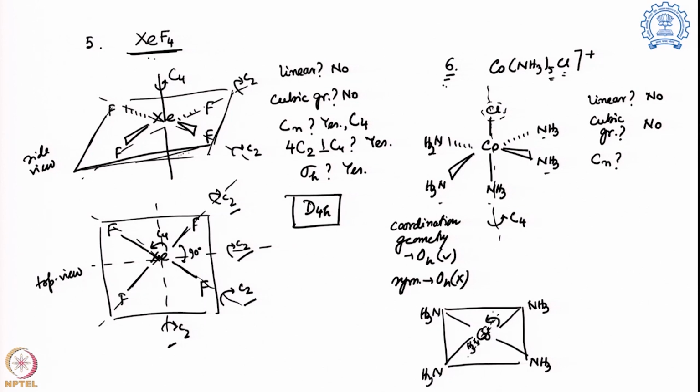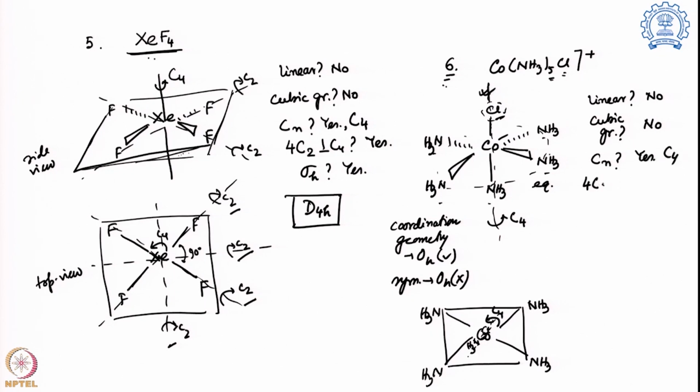Now, if I rotate C4 along this line, the chloride, cobalt and ammonia do not change position, the ammonia in the equatorial plane change the position, and that is actually making sure that I have a C4 axis.